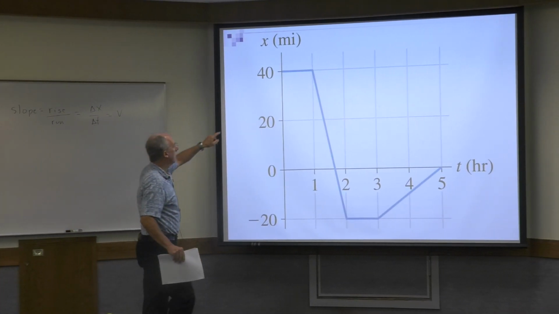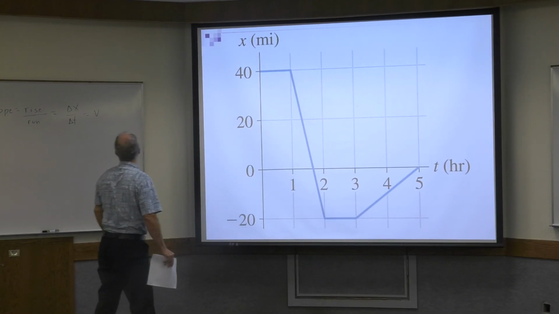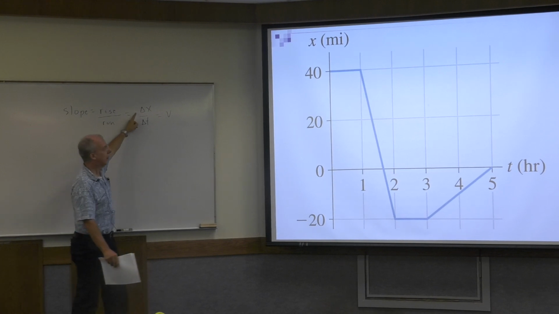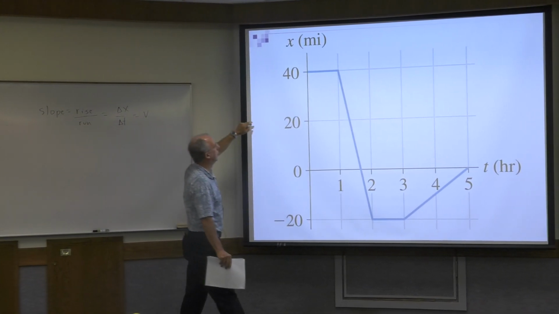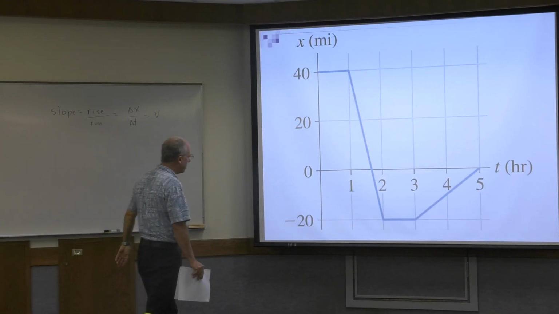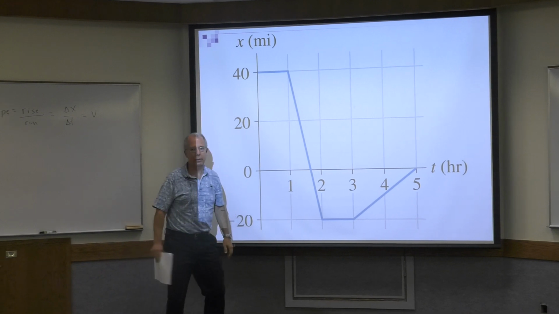All right, so here it's a horizontal line. So delta x is 0. So the velocity is what? 0, because the slope is 0.